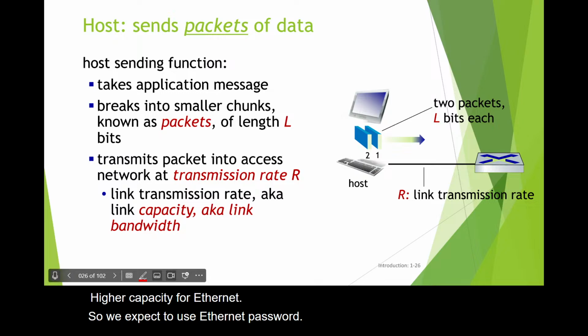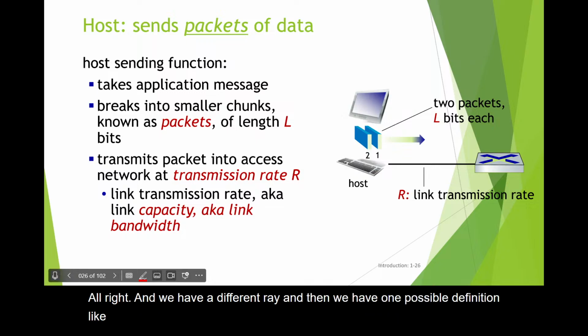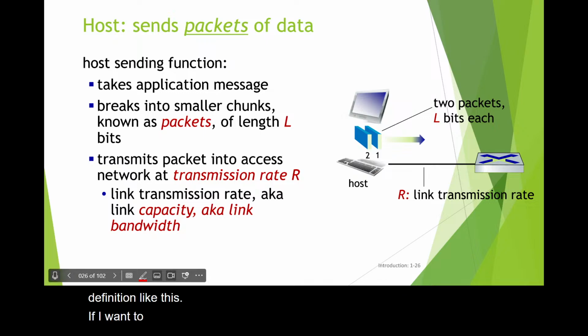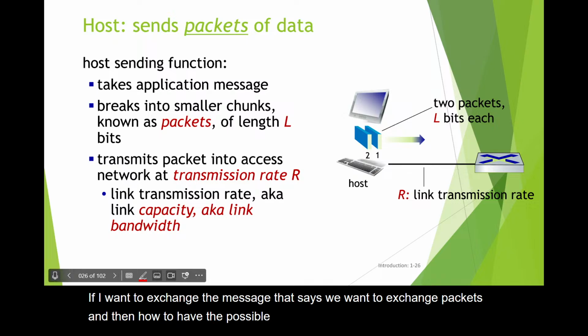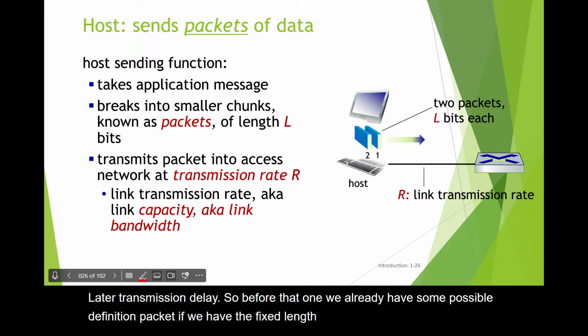All right. And we have a different rate. And then we already have one possible definition like this. If we want to exchange messages, let's say we want to exchange packets, then how do we calculate the time? The time we later call transmission delay. Before that, we need some definitions. For a packet with fixed length, we use L to serve as the length of the packet.